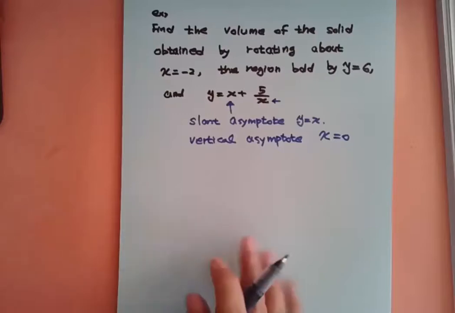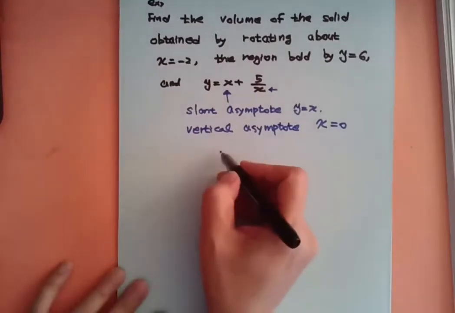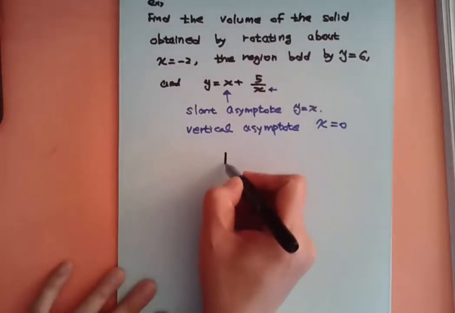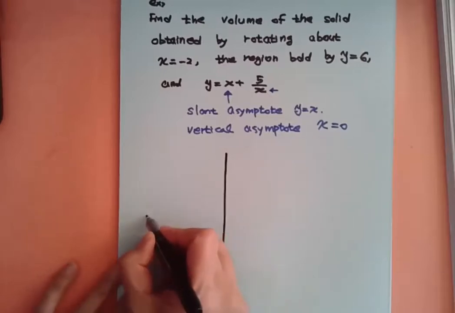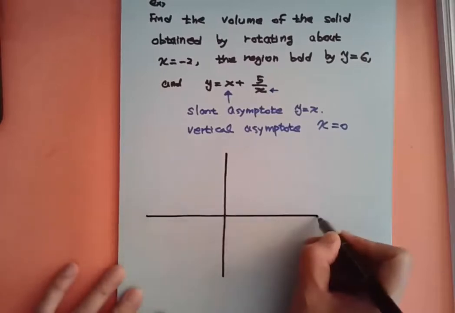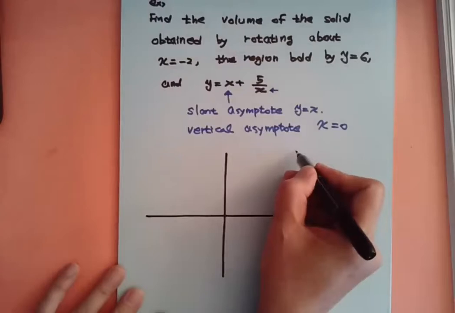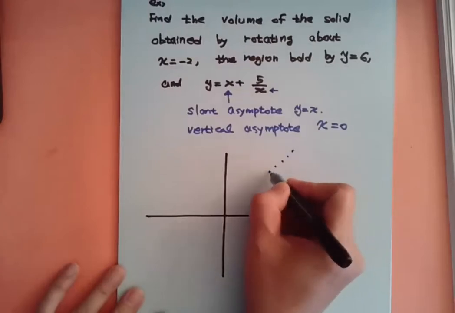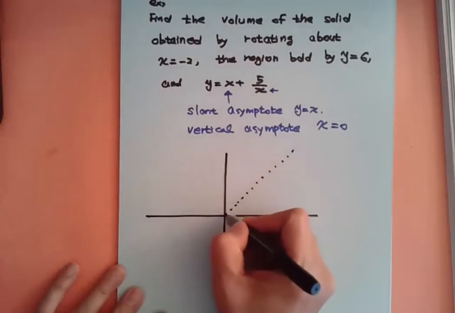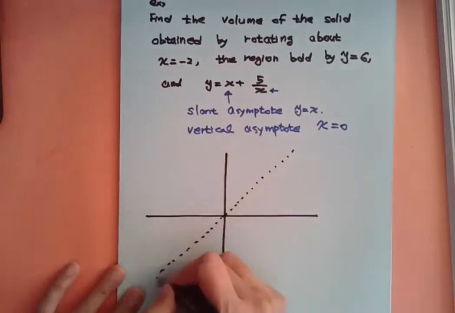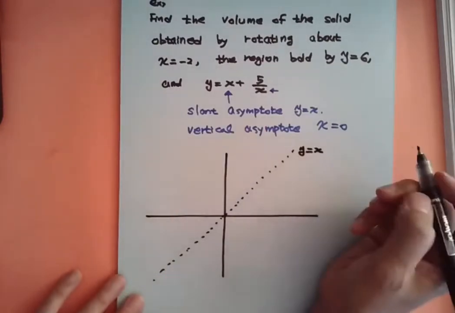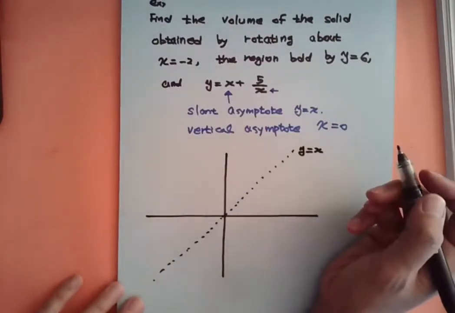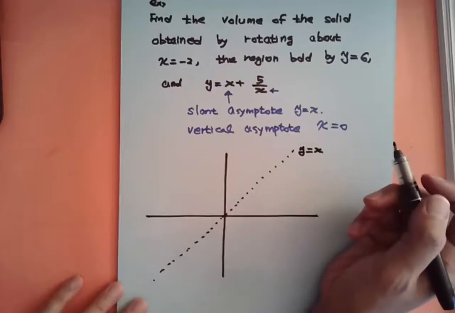Let's graph it. We think about y equals x, which is a slant asymptote.